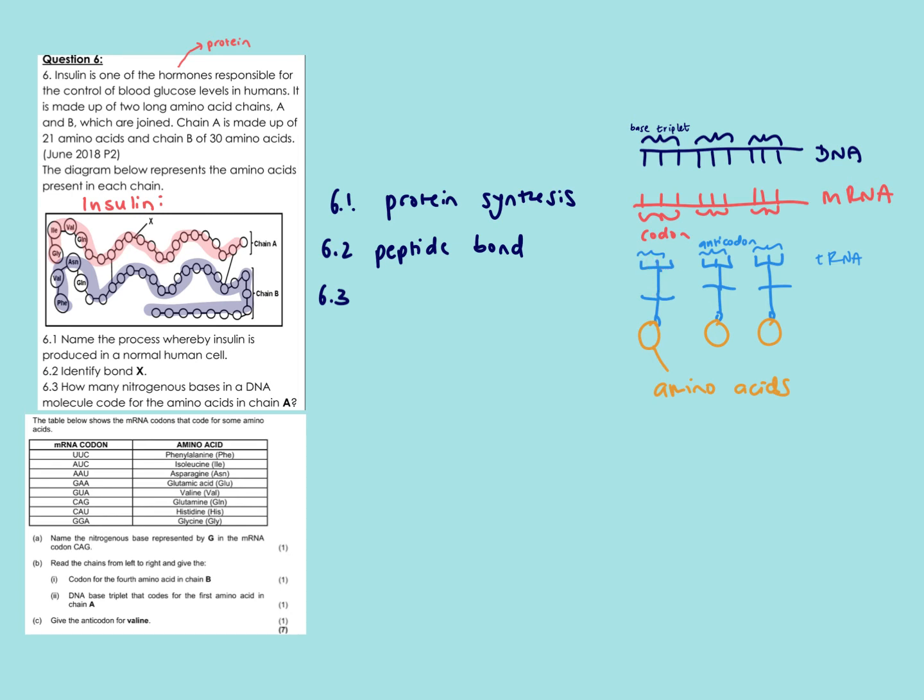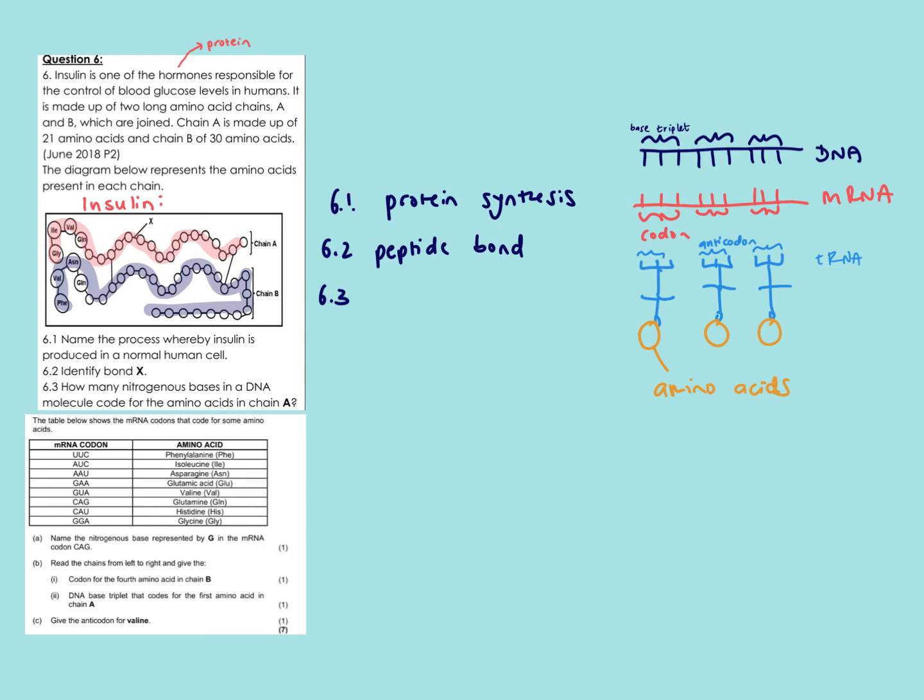But that means that for every 1 amino acid, there have to be 3 nitrogenous bases on tRNA, 3 nitrogenous bases on mRNA, and 3 nitrogenous bases on DNA. So for every amino acid, there are 3 bases on DNA.